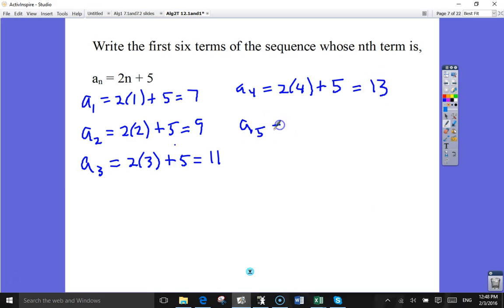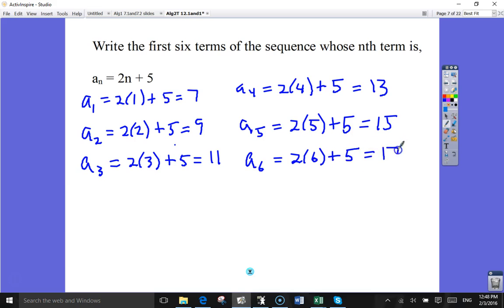A5, 2 times 5 plus 5. And A6, 2 times 6 plus 5. All right, so you should know how to use a formula by just plugging it in, calculate what you need.